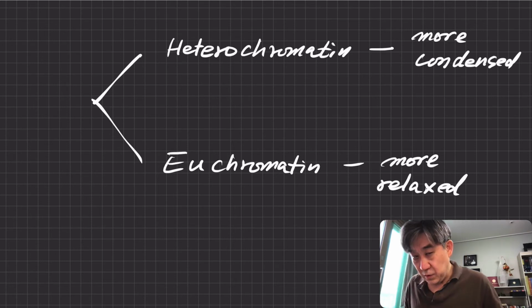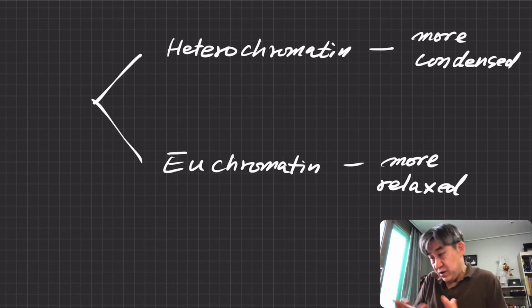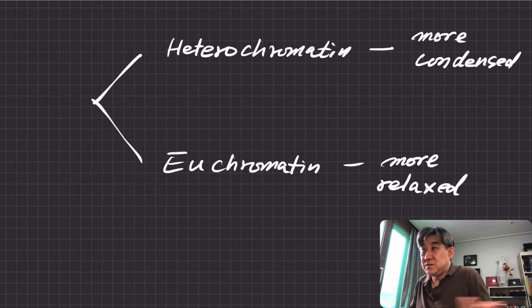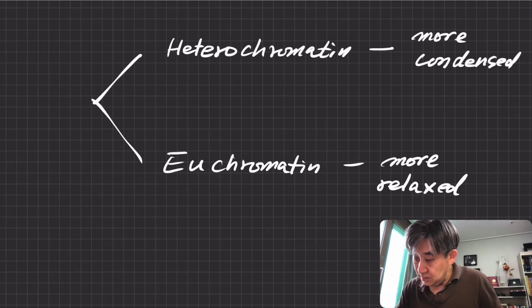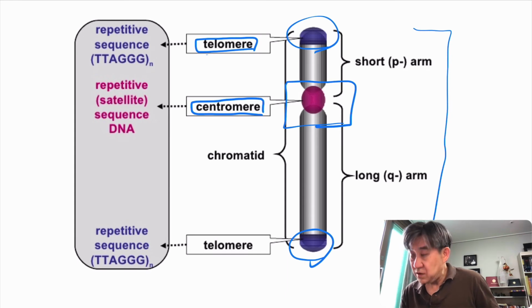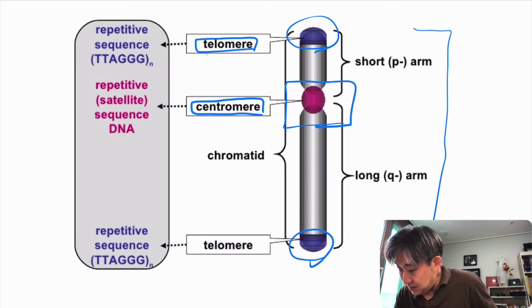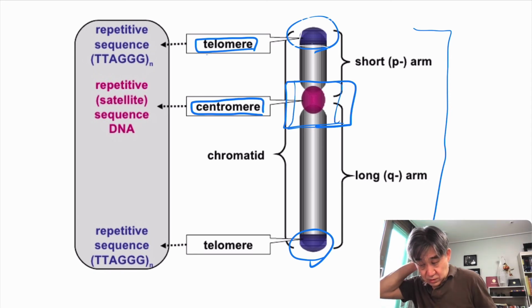So even though both of them are chromatin, their degree of condensation is somewhat different. I'm not saying that heterochromatin areas can only be found in the telomere region, at the end of a chromosome, or the central area of a chromosome, which we call the centromere.